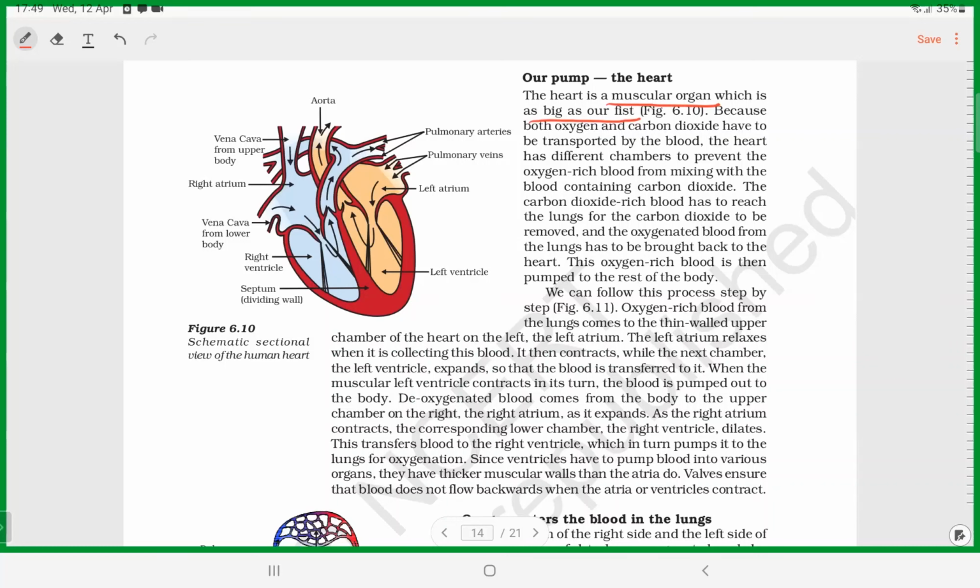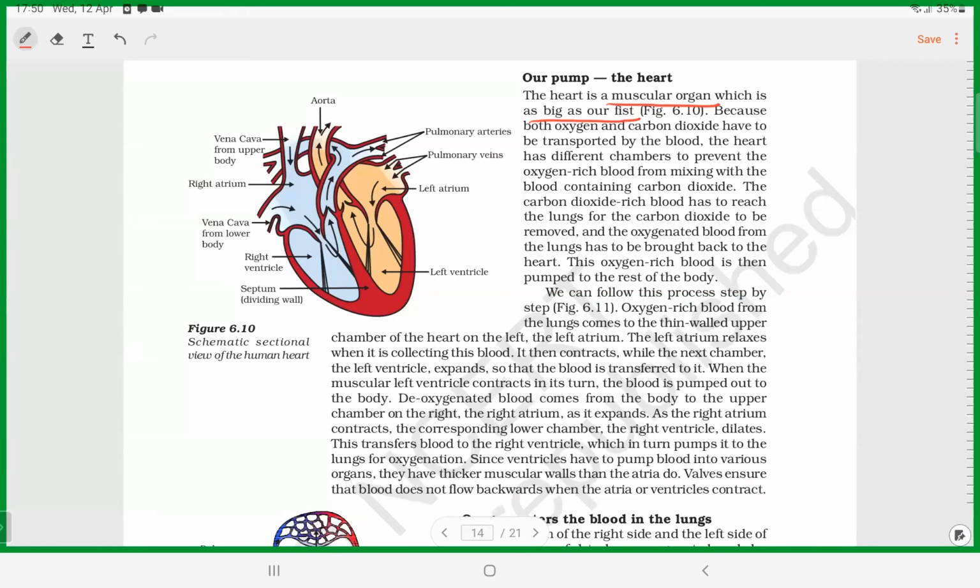What is the function of the heart? Pumping of blood. It is a pumping organ, pumping blood to all parts of the body. Because of that, the cell gets its required nutrients. It supplies food. Two functions of the pumping: food is supplied and waste is collected.